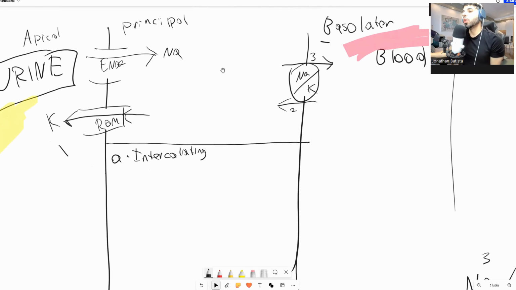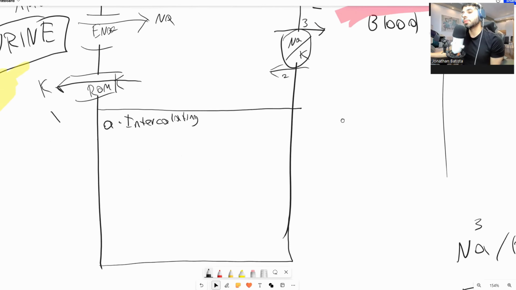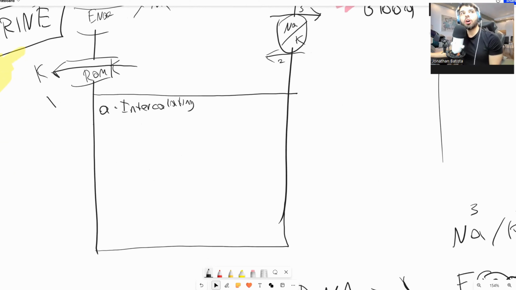Now, that's one function on one cell. We understand that. That makes sense. But we must also understand its function on the alpha intercalating cell. Now, alpha intercalating has an A on it. A for alpha. For me, that A, what it really means is acid. So I think to myself, oh, alpha intercalating. Okay, well, that's just a cell that has to deal with acid.